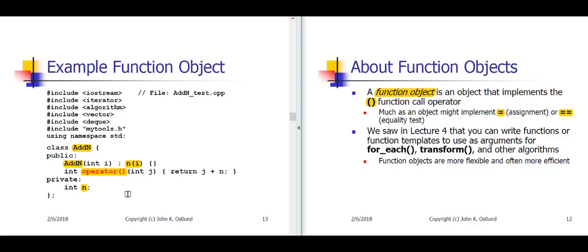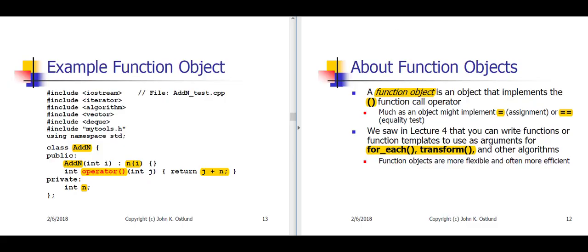In the definition of the function call operator, we're using j as the name of the parameter. And this function call operator is going to return j plus whatever the number n was as its result. We can use a function object in algorithms like for_each and transform in the same way that we could use ordinary functions or function templates that we've talked about before.